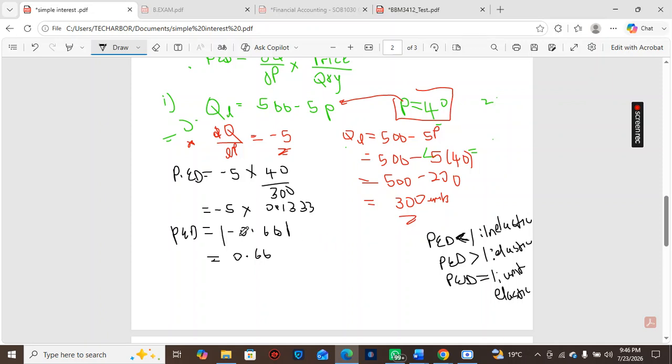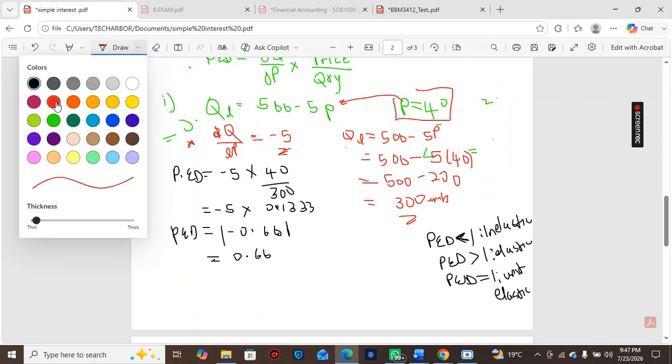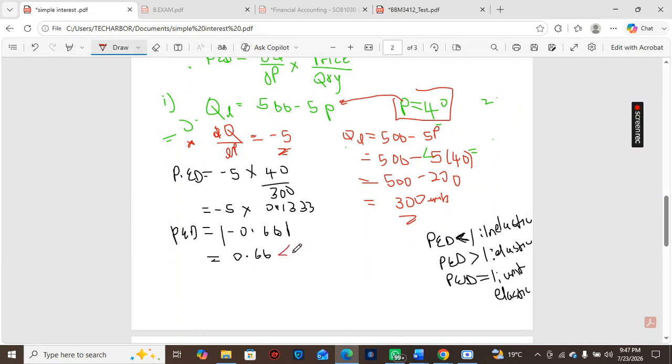If you don't ignore the negative sign and get the absolute value, you will always be reading your answers as inelastic, because a negative value is always less than 1. That's why you always have to get the absolute value, meaning you ignore the negative sign. So since our price elasticity of demand is 0.66 and is less than 1, demand for this good is inelastic.